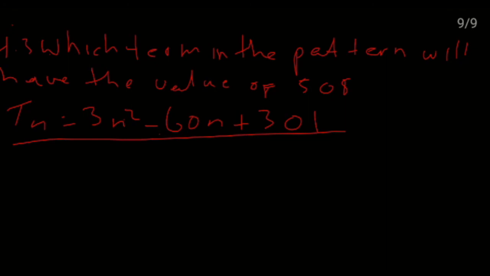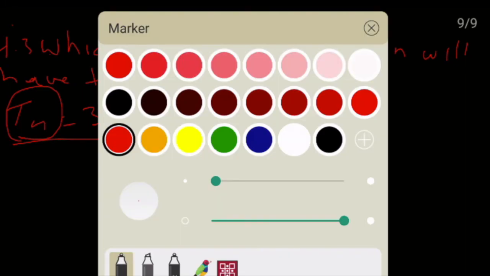Now they want us to determine which term in the pattern will have this value, right? Meaning whichever term it is, it has the value of 508. Now they want us to determine that term.